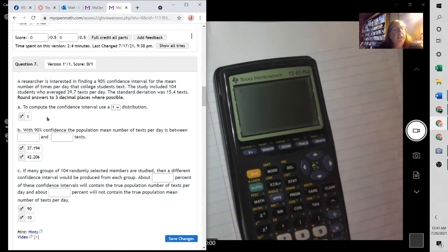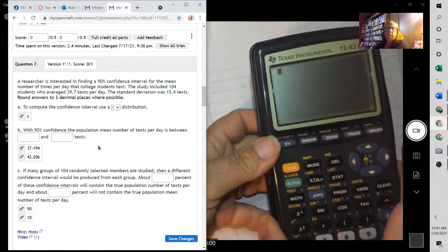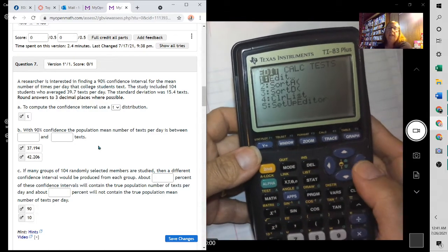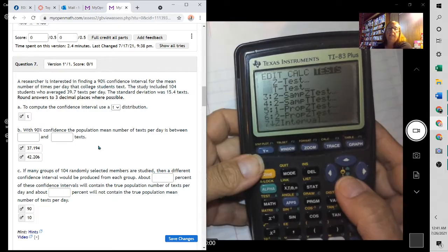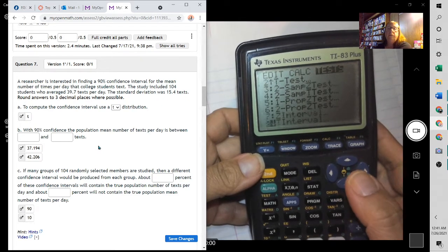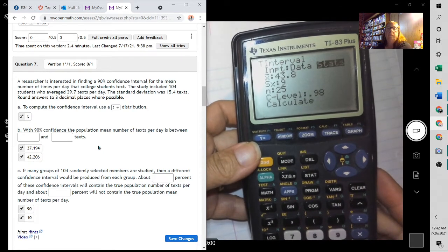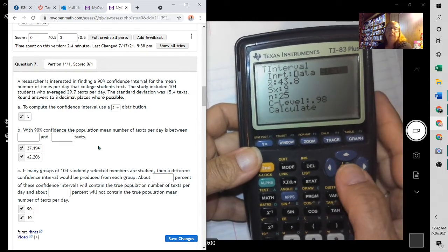Since it's T, just like the last one, stat over to test, and then instead of the Z interval, we use the T. Statistics again.